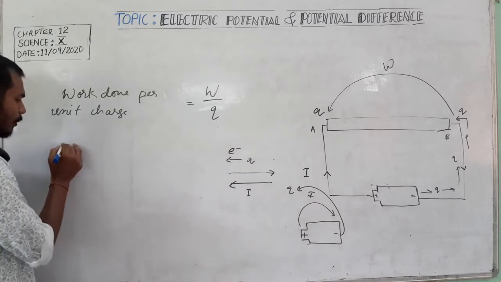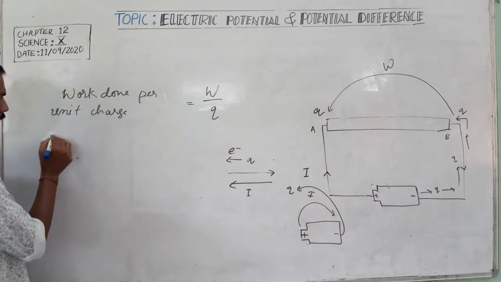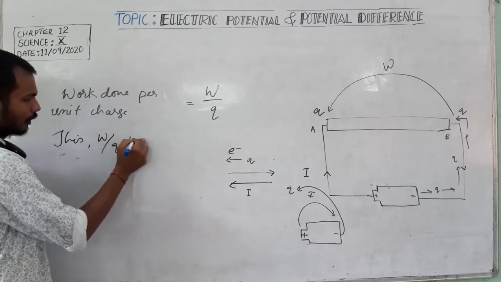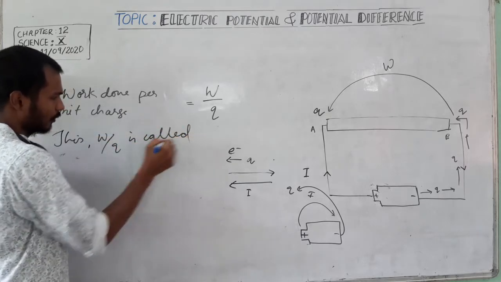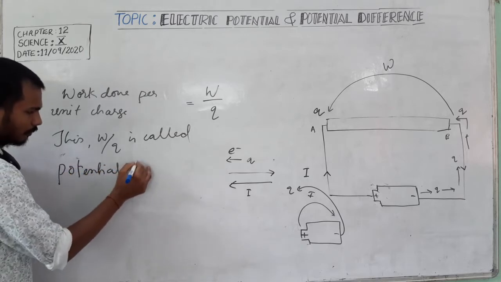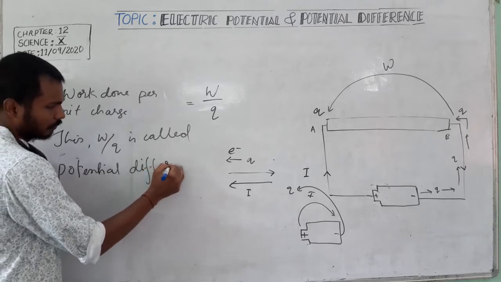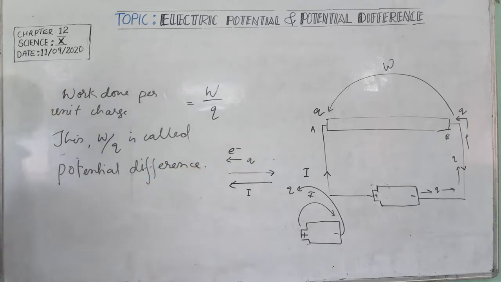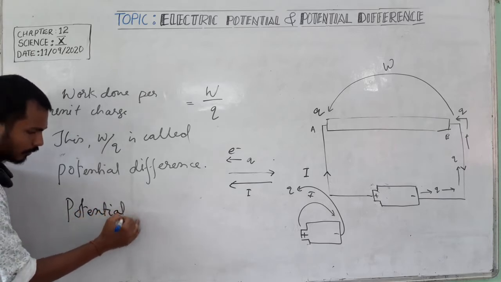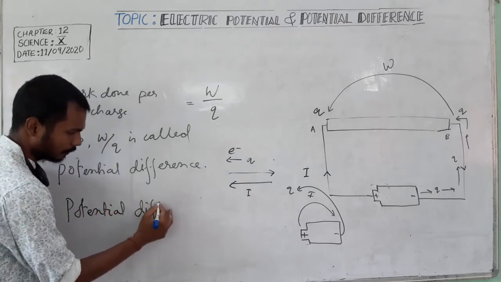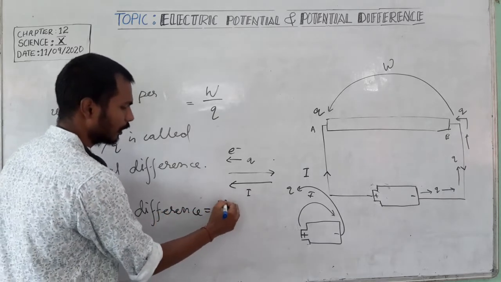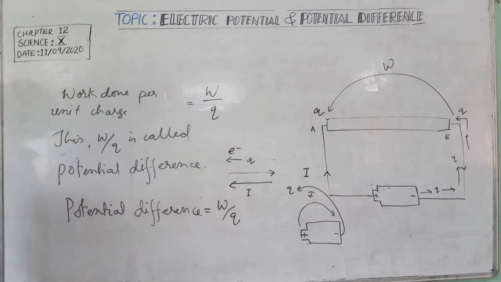This W by Q is called potential difference. So potential difference is equal to work done per unit charge.